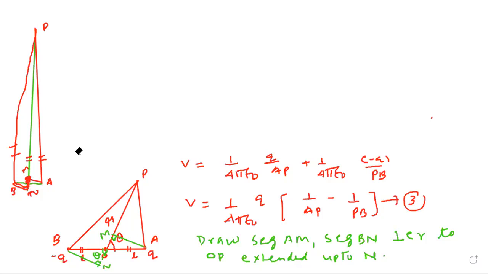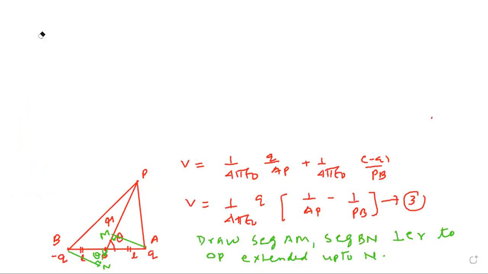Geometrically, we have to remember that if the length is very small compared to the distance, then drawing a perpendicular removes that extra distance. That means AP is the same as MP.